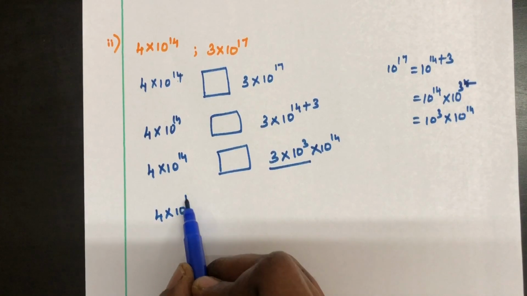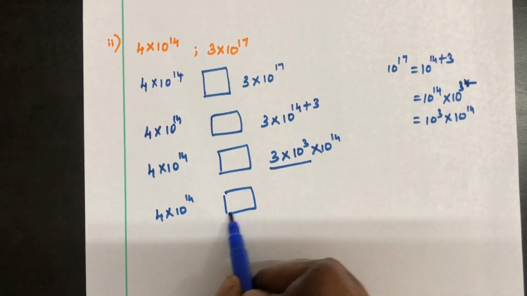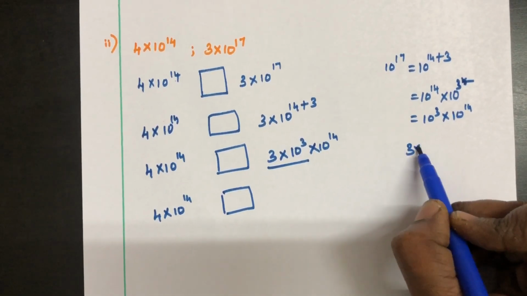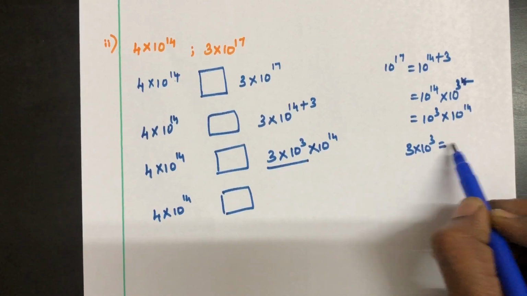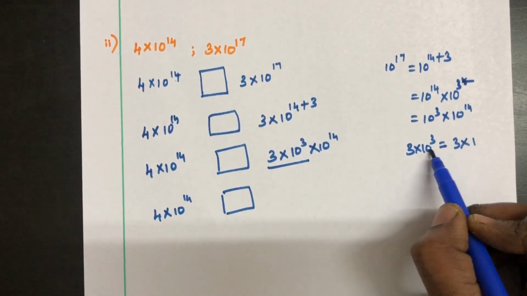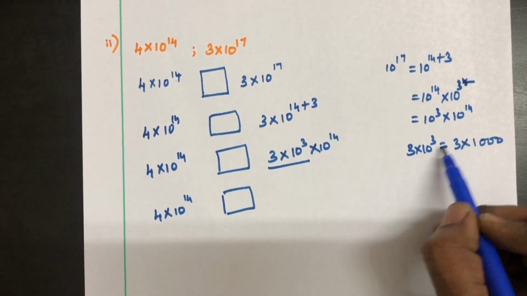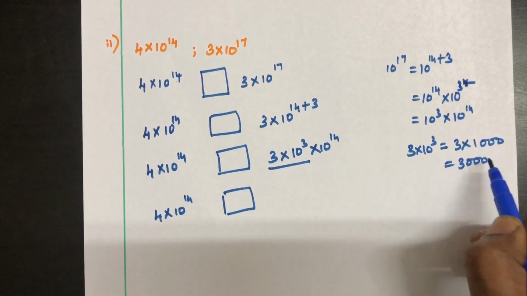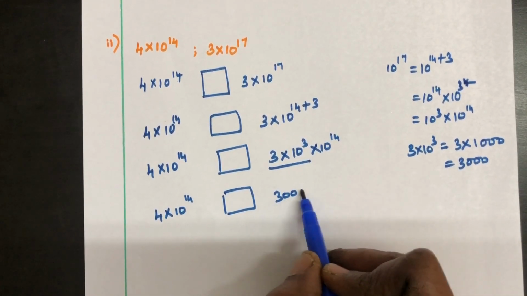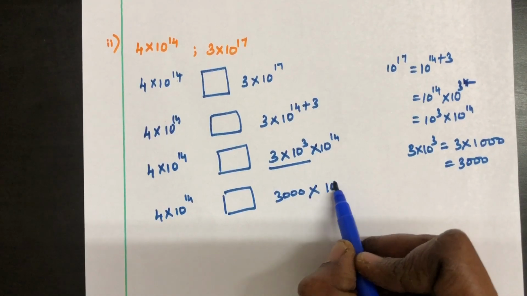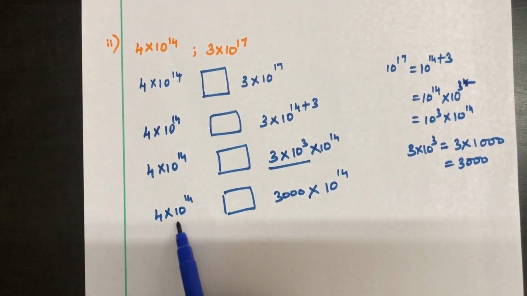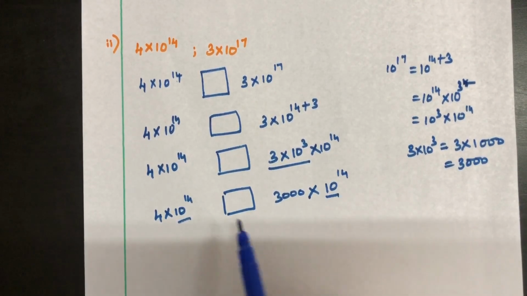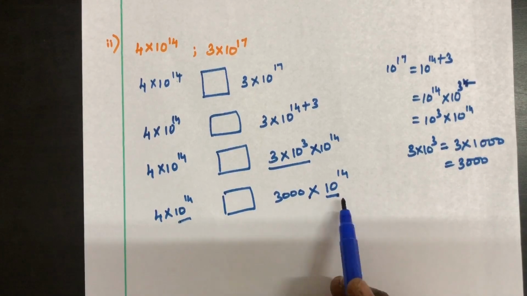What will come? 4 into 10 power 14. We are going to combine 3 into 10 cube. The value of 10 cube is 1000, 10 into 10 into 10 is 1000. So this is 3000. 3000 into 10 power 14. Now compare. The exponents are equal, so on the exponent side it is equal.